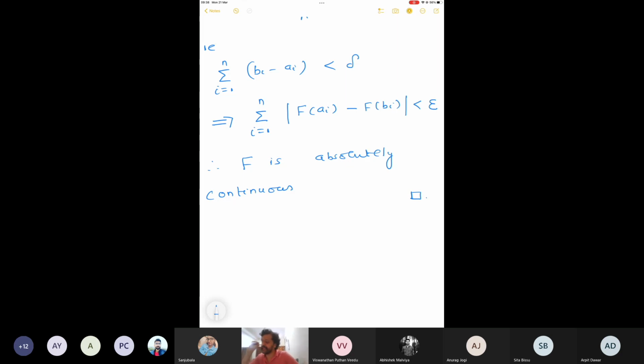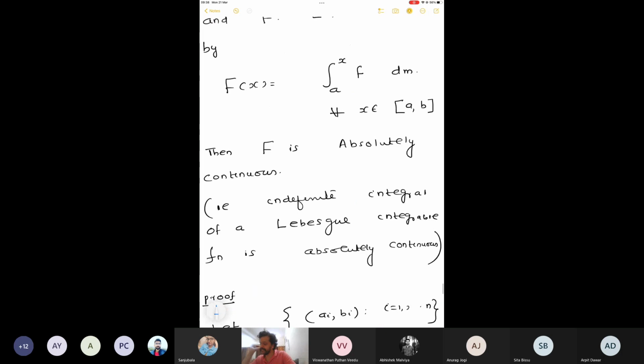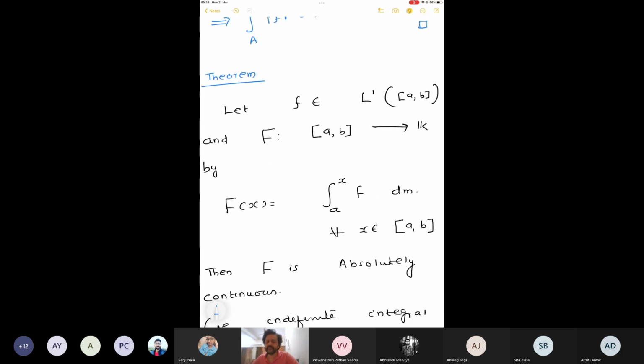I repeat, now you proved that if you start with an L1 function and you integrate, you will get an absolutely continuous function. And we are going to prove the converse. Start with any absolutely continuous function, you can write it as the integral of an L1 function. Is that clear?